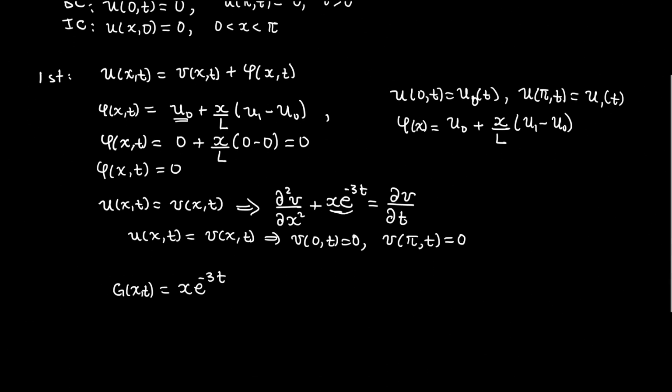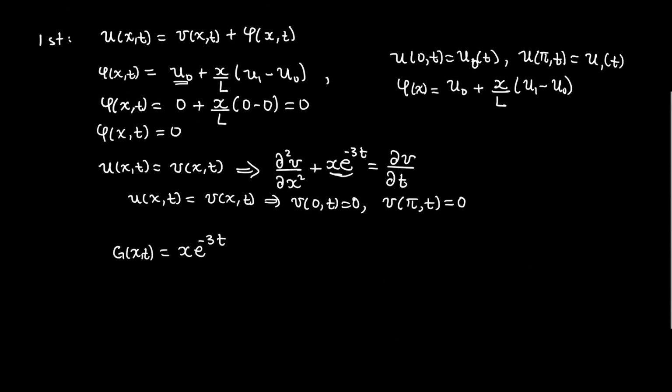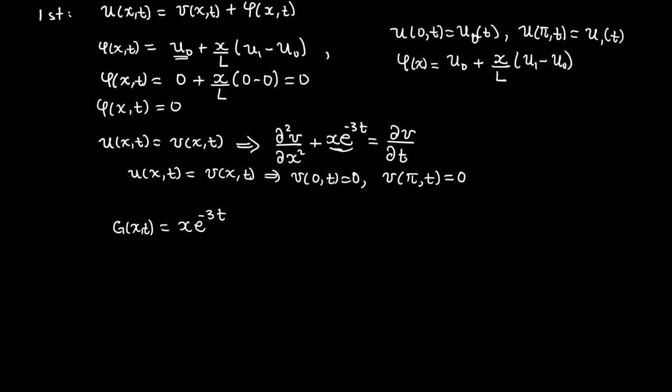So I'm gonna look for the function v, which is the solution, which has to be some Fourier series that I don't know. This is the coefficient, which is gonna depend on time because it's time dependent.